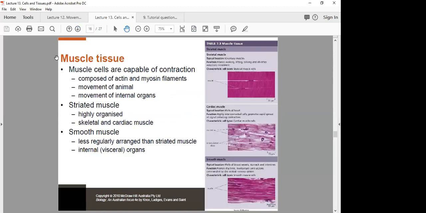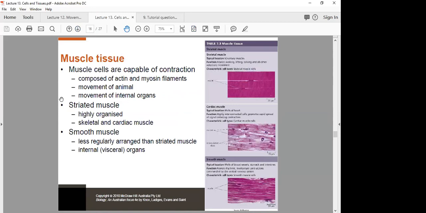Our next major tissue type, muscle tissue. And of course, muscle cells are capable of contraction. This is because they're composed of actin proteins and myosin protein filaments. They function mostly in the movement of the animal and in the movement of internal organs.